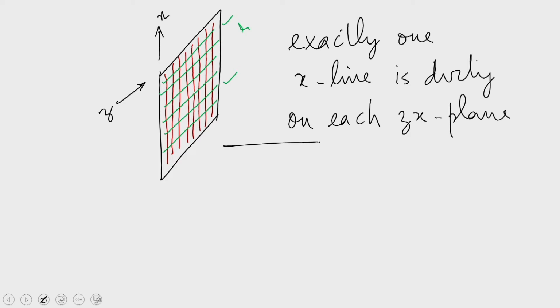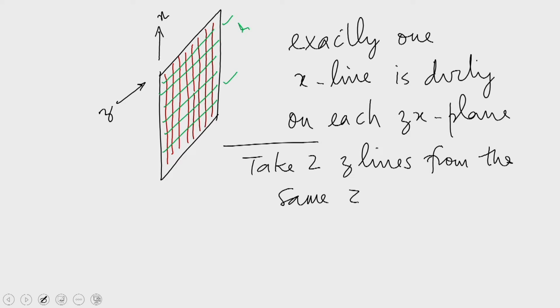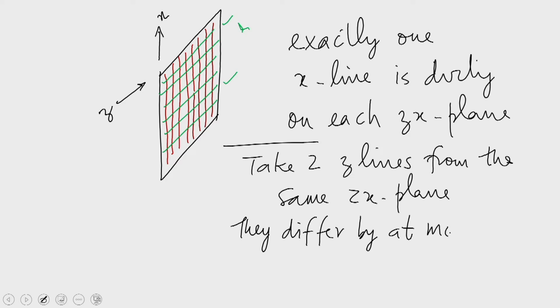So, what we find is that take two z lines from the same zx plane, they differ by at most 1 in the number of ones. Now, let me consider two yz planes.